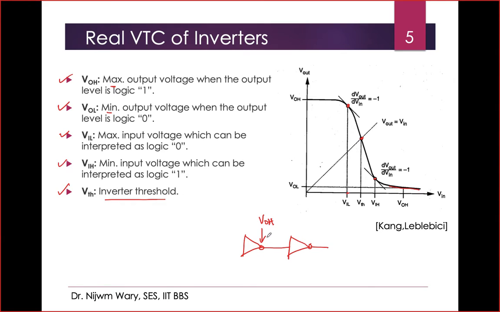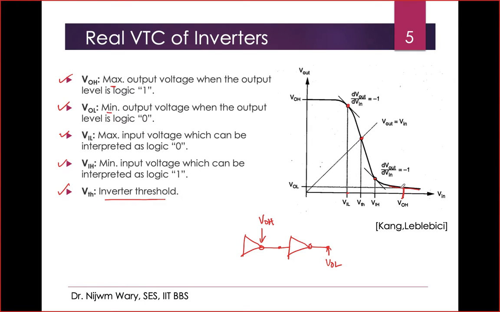Suppose the output of this inverter is VOH, suppose it has gone to logic 1, then of course this will be going down. So then we'll define this point as VOL, because we know that the input of this inverter cannot go beyond VOH. This is the maximum voltage the input of this inverter can go. That's why we are marking it here.